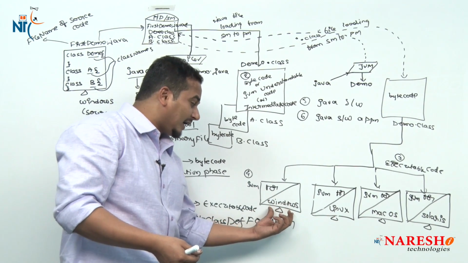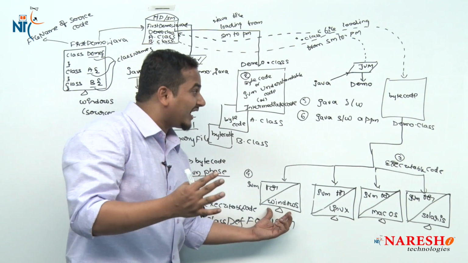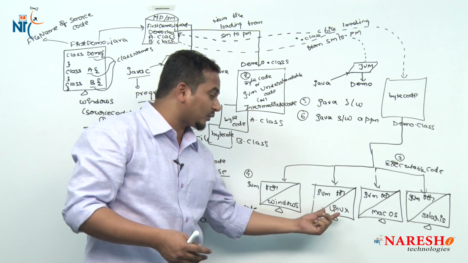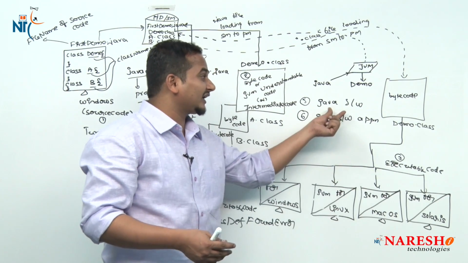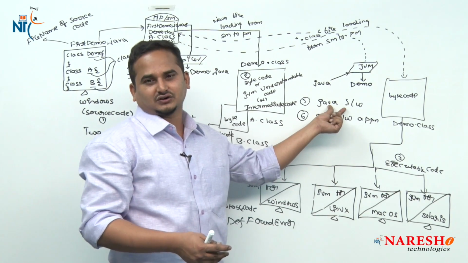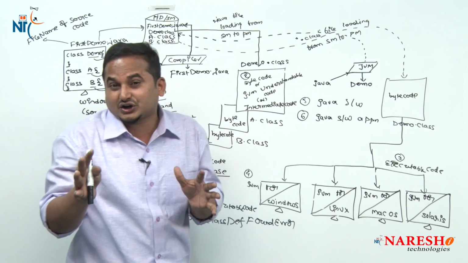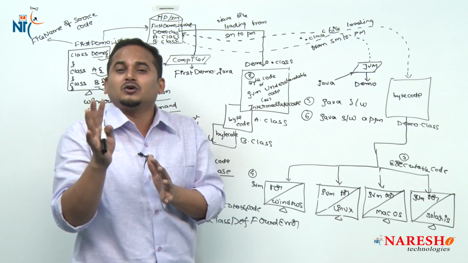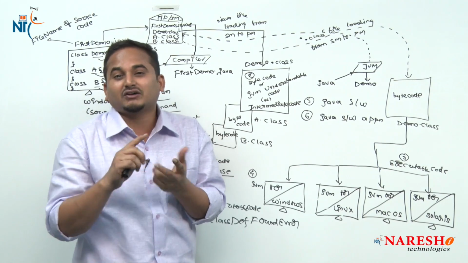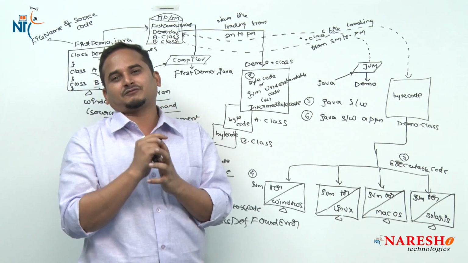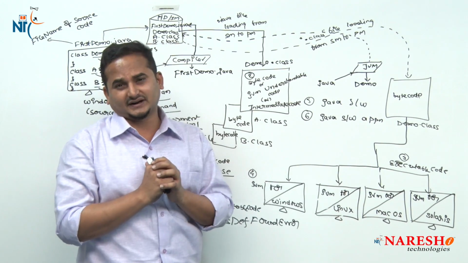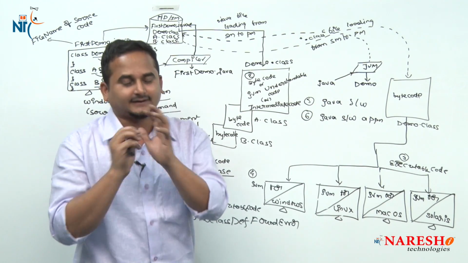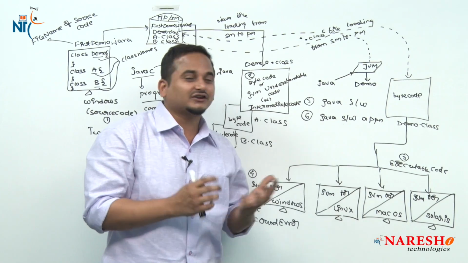If you want to develop any application under Windows, we require Windows supported Java software. If you want to execute the program under Linux, we require Linux supported Java software. So one Java software is only suitable for one operating system. Again, Java software is tightly coupled with the platform, nothing but the operating system. So Java software is platform dependent.